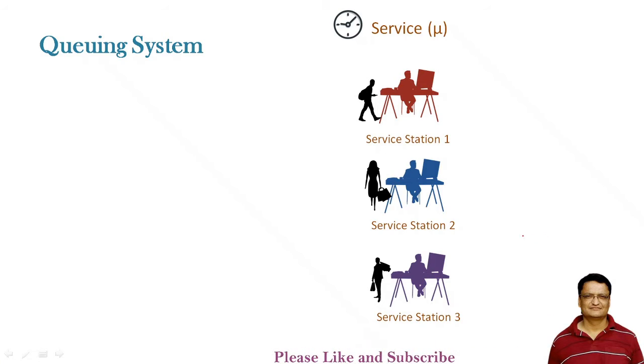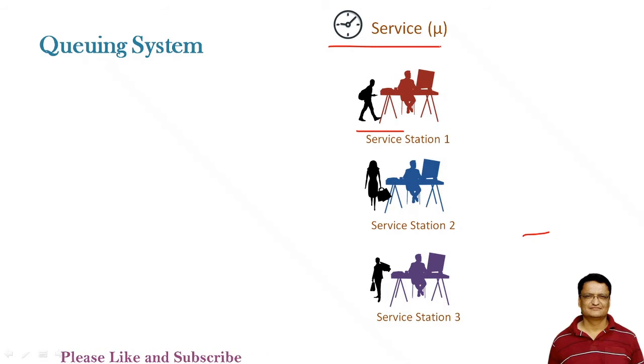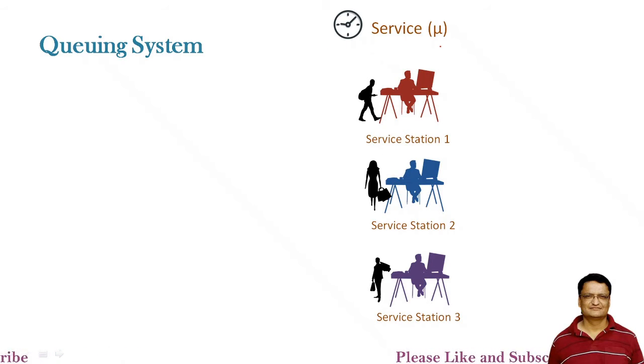Every service will require certain time, and it will have a certain rate, which may be some determined time or which may be a random time, which is denoted by mu. So mu is your service rate.